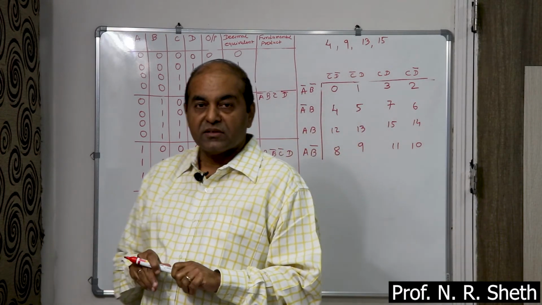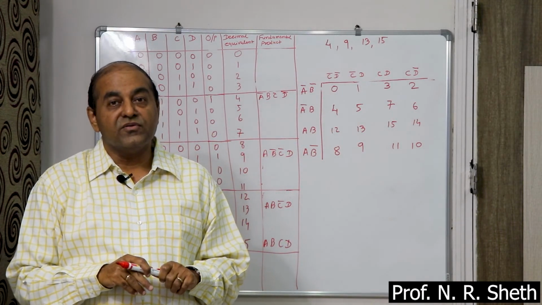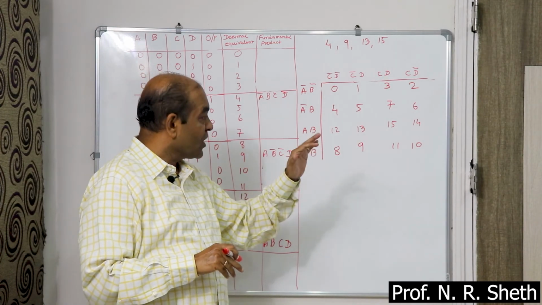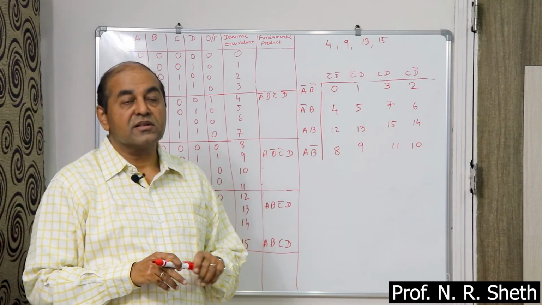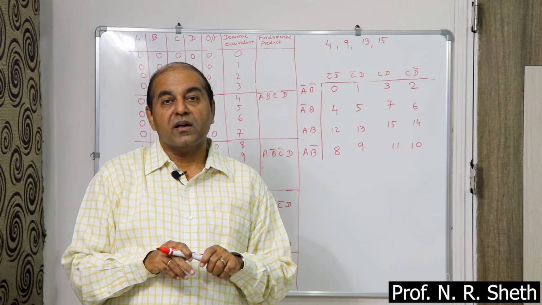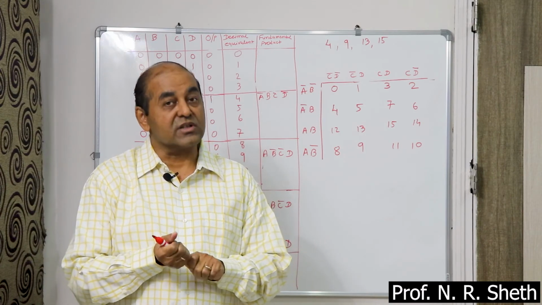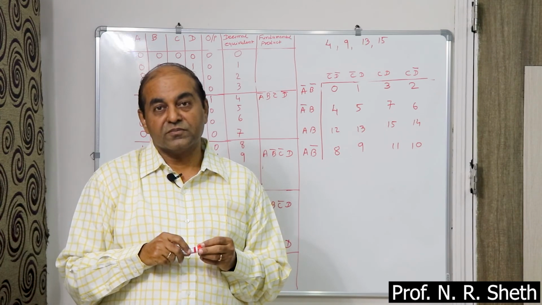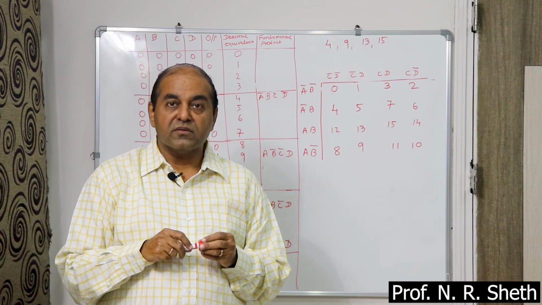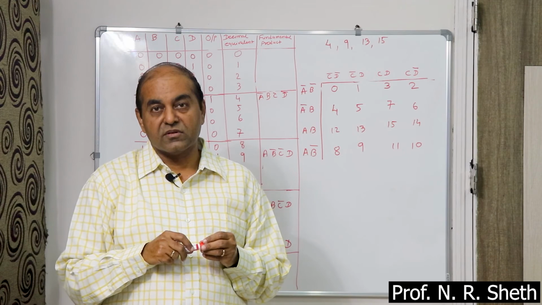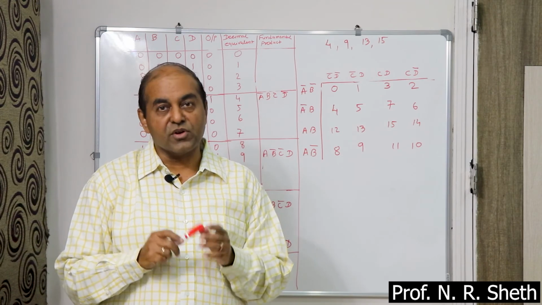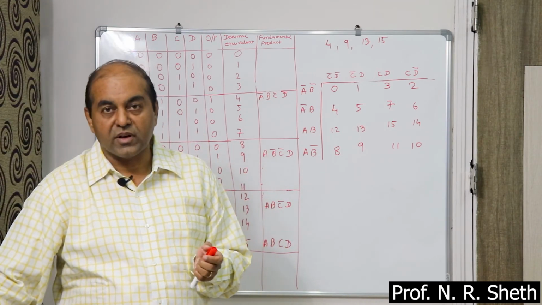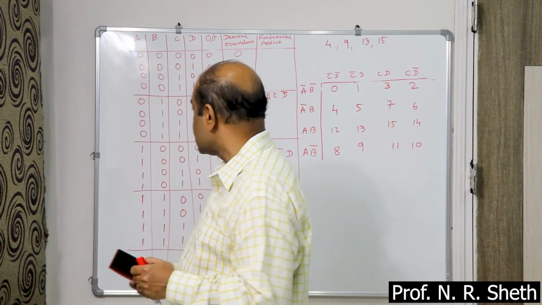Now after this, we have to simplify this K-map, and for this simplification, there are many rules. So one by one, we are going to discuss all the rules in today's lecture, and that would be your last topic. So now K-map simplification.